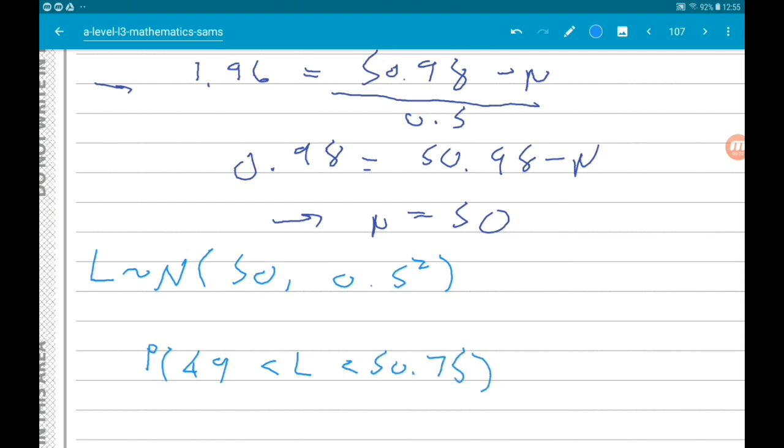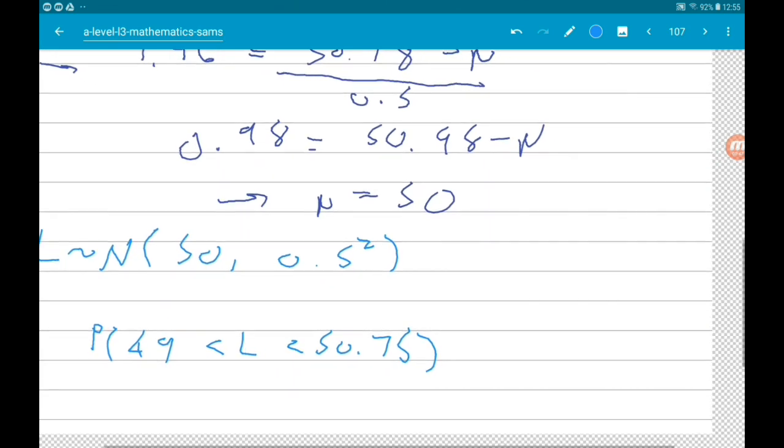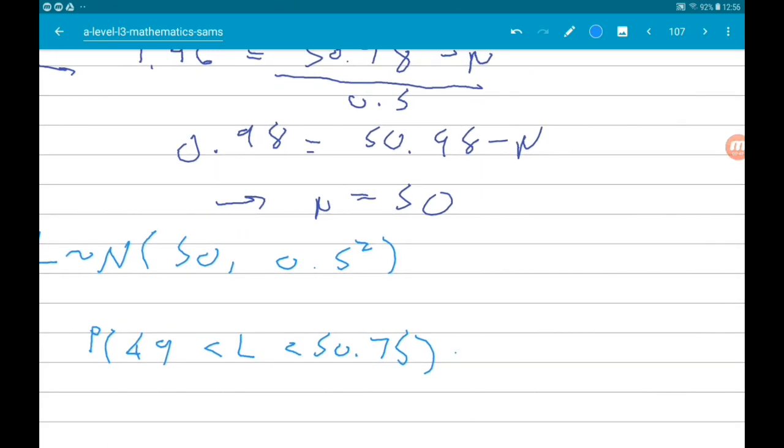So, in your calculator we now want normal CD, lower is 49, upper as 50.75, mu as 50, sigma as 0.5. Stick those in, press equals, and you should get 0.9104.